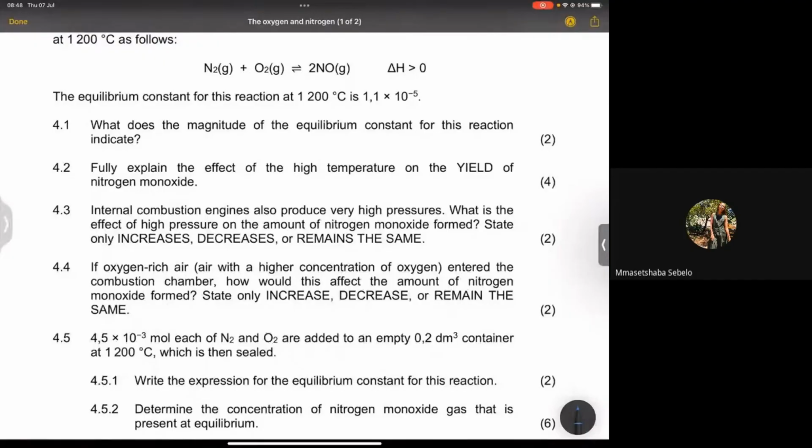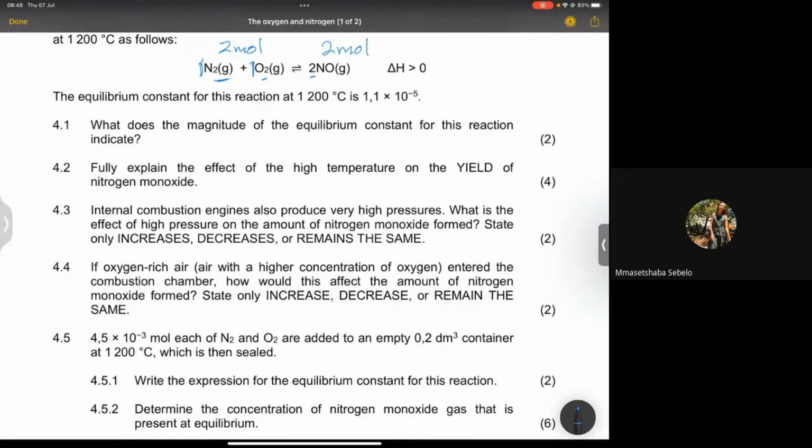How many gas moles do we have on the left-hand side? This one is a gas, so it's 1 mole of gas. We've got another gas, 1 mole of gas, so we have 2 moles of gas on the left-hand side. But how many moles of gas do you have on the right-hand side? Well, there are 2 in this case.